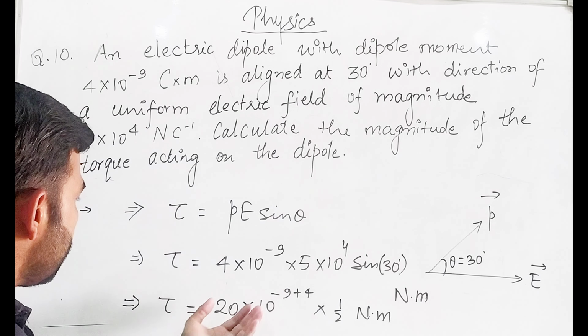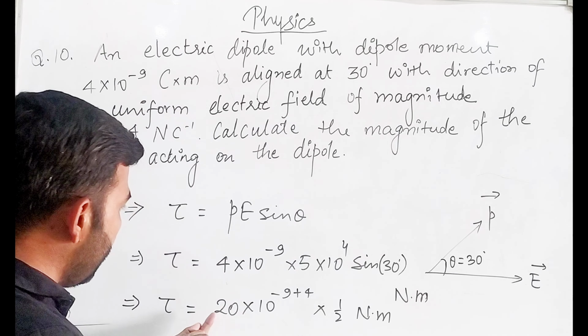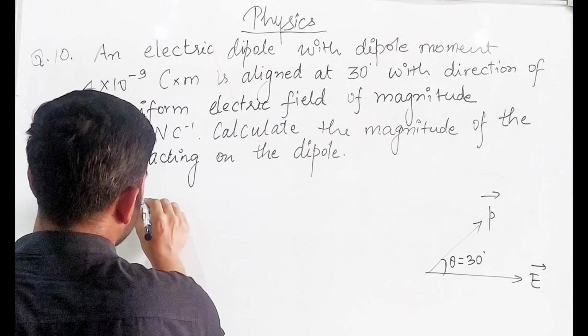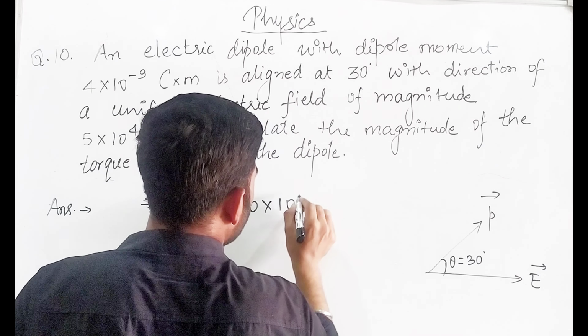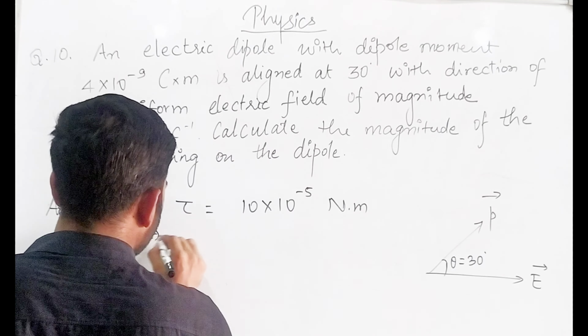Now if you calculate this, minus 9 plus 4 is minus 5, and if we divide 20 by 2, it is 10. So we will get tau equals to 10 into 10 to the power minus 5 Newton into meter.